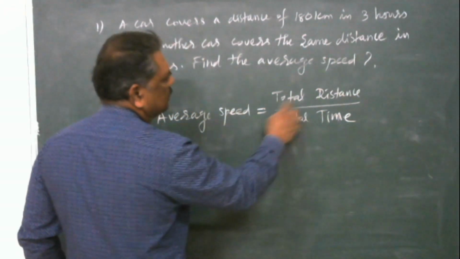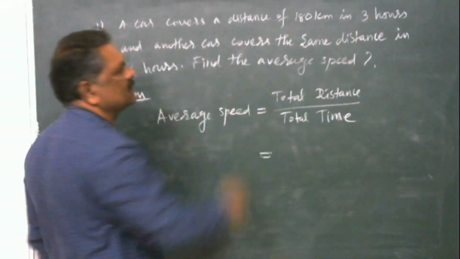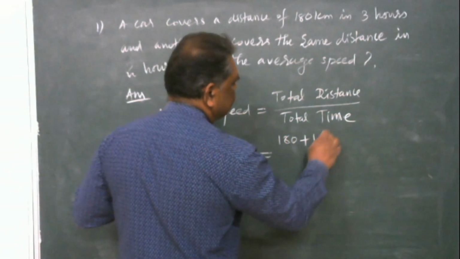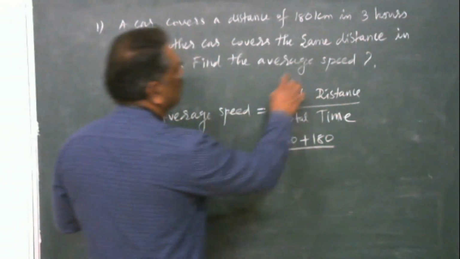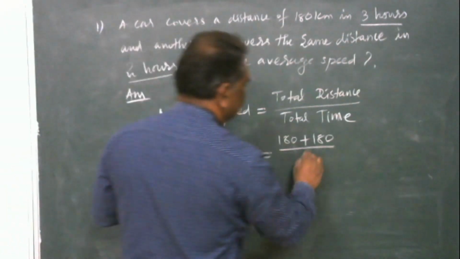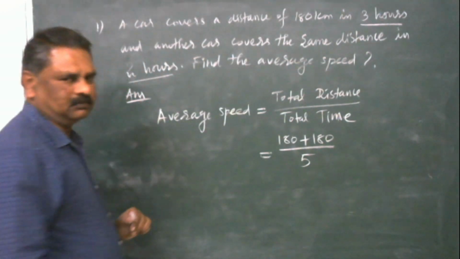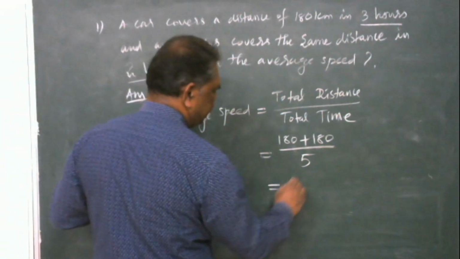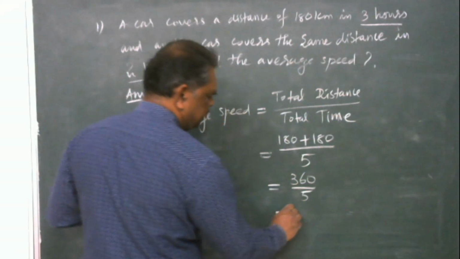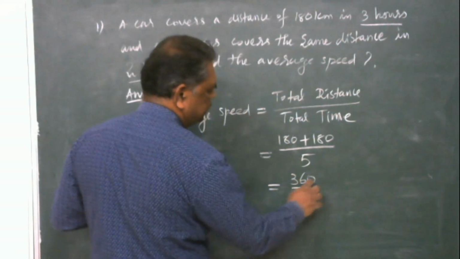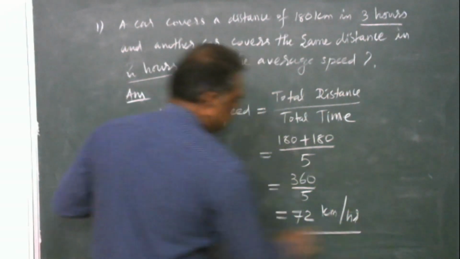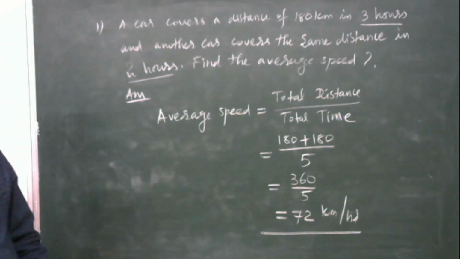The first car covers 180 km, the second car also covers the same distance, so total distance is 180 plus 180. Total time taken is 3 hours plus 2 hours, totally 5 hours. Simplifying further, 360 divided by 5. 7 fives are 35, so 72 km per hour is the average speed.